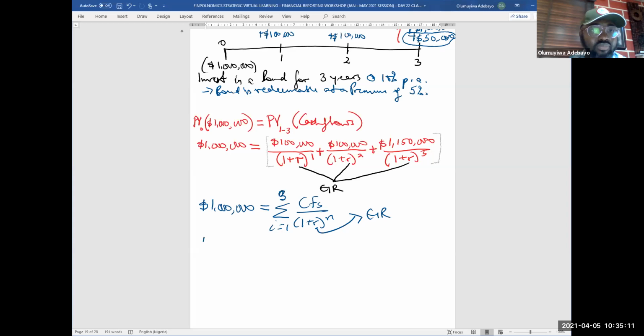Now, how do we get this rate? Which equals our effective interest rate. How do we get it? We get it through trial and error, with the aid of interpolation.